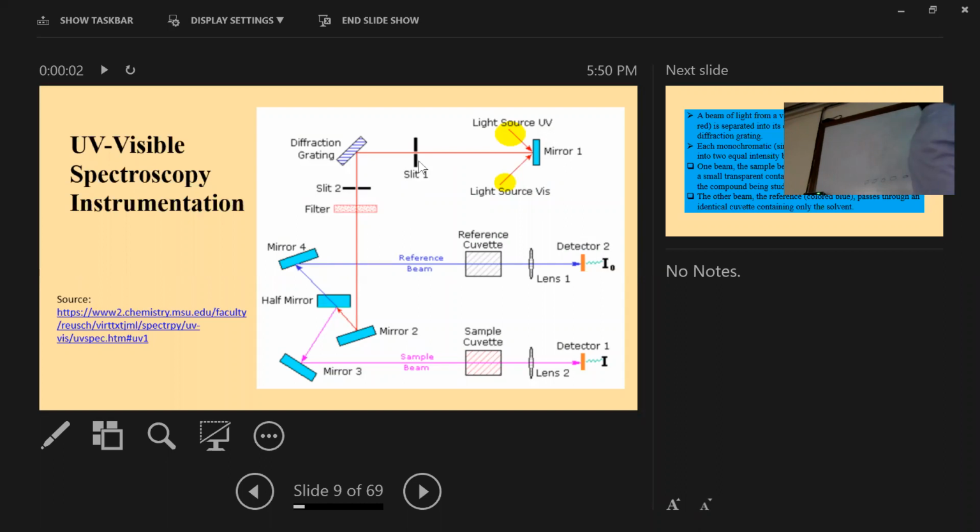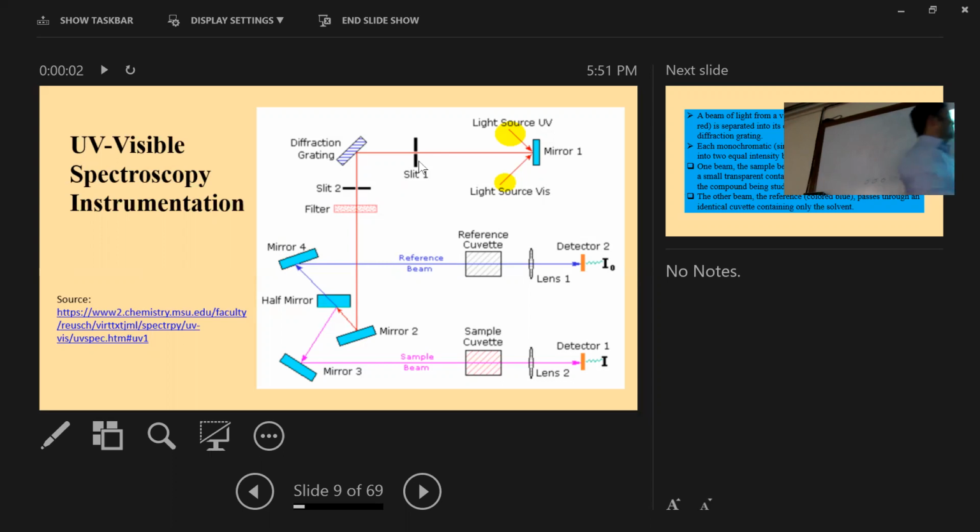That means if we have any other wavelength, we can separate it out. Actually, the slit alone is enough for the separation. So we are getting only one, monochromatic light.